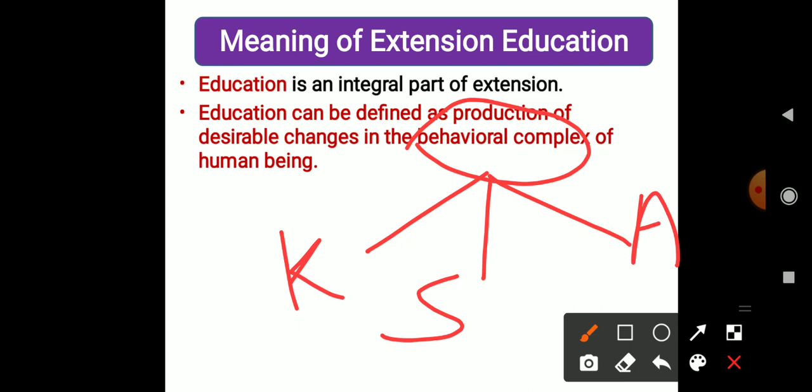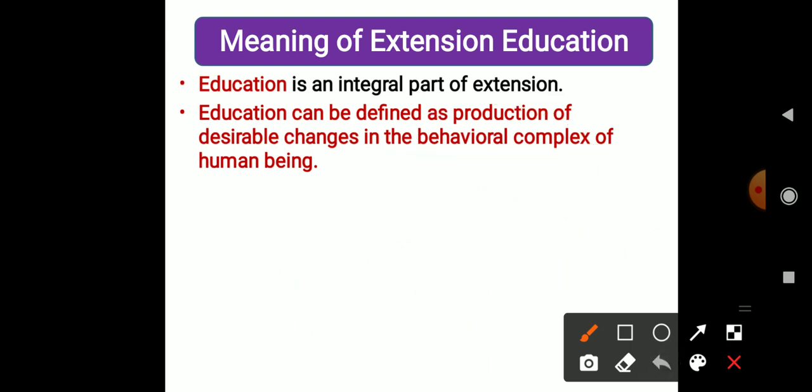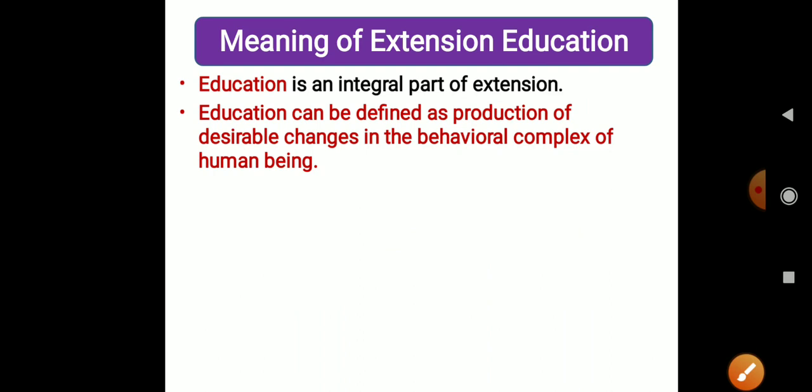These three things make up the behavior complex of human being. Now, let us see this definition once again. Education can be defined as production of desirable changes in the behavior complex of human being. So, that is education. Are you able to remember it?